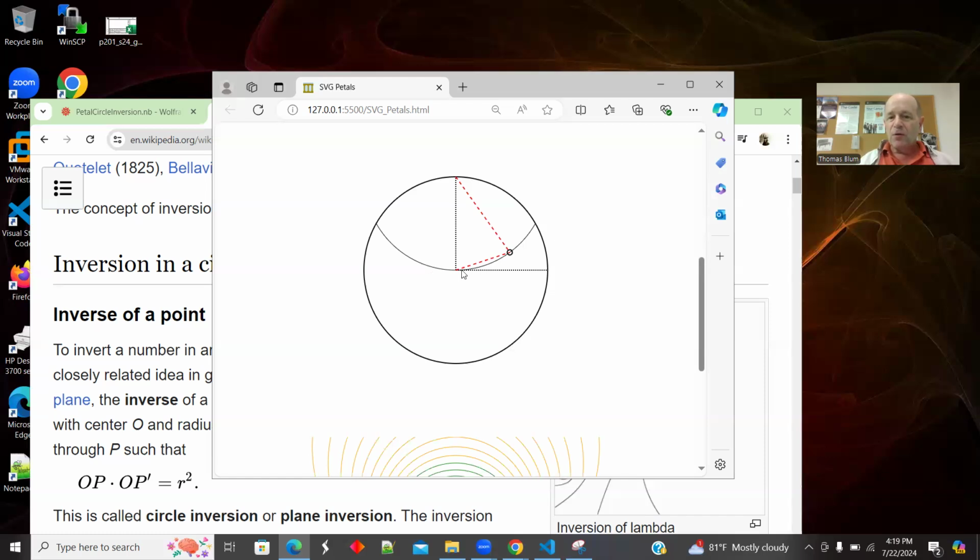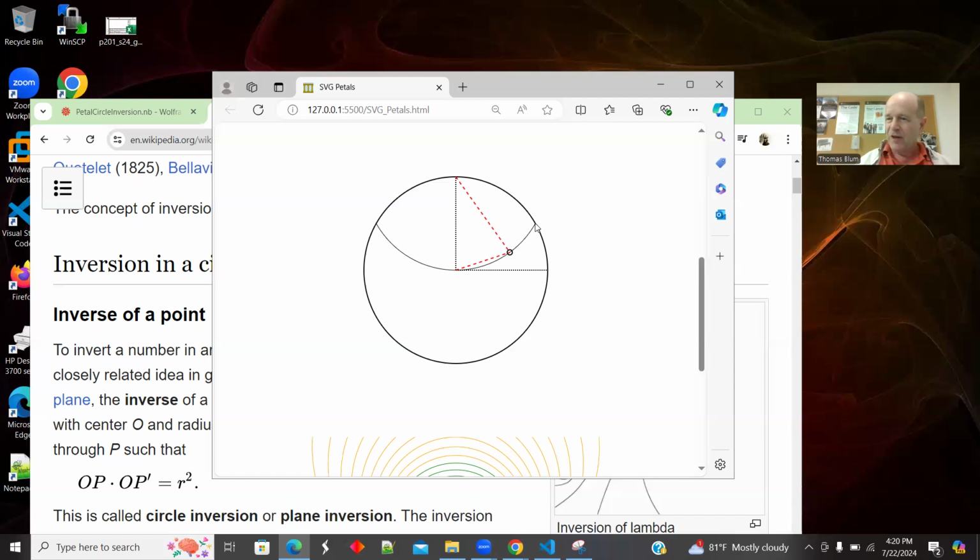Simply, I'll do it simple and then I'll go more elaborate, the points that are on the circle, not inside the circle, but on the circle, map to themselves, because you're mapping along the same radial line, and you want the distance from the origin to the point and the new point, that product, to be r squared.